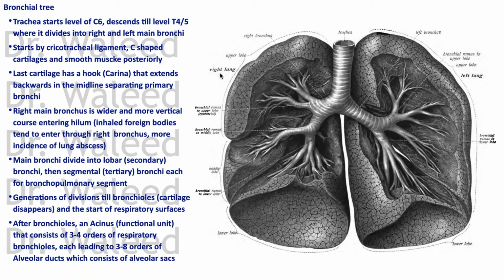The bronchial tree: the trachea, remember, starts at level of C6 as a membrane called the cricotracheal membrane, and then starts the incomplete cartilaginous rings, alternating rings and membrane to form the trachea, and at the back it's completed by the smooth muscle trachealis, responsible for constriction and dilation of the trachea.